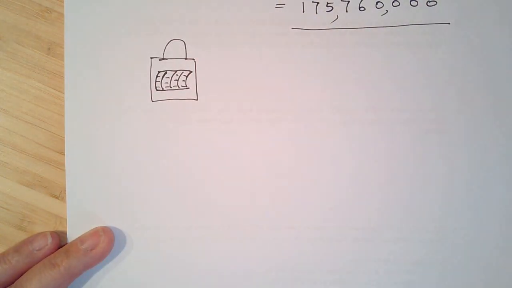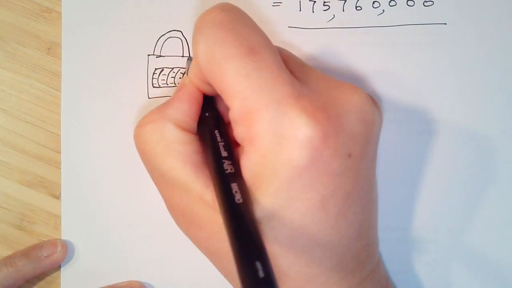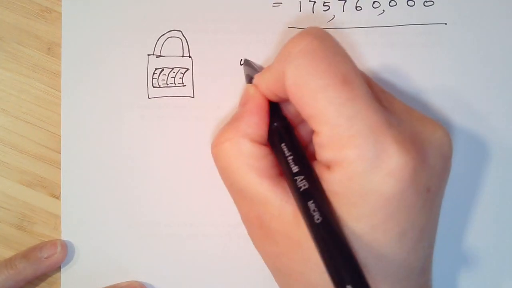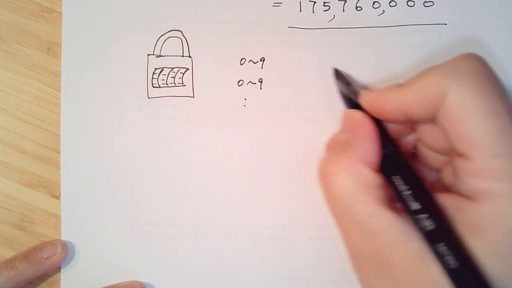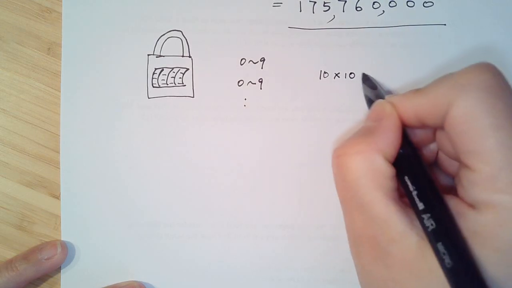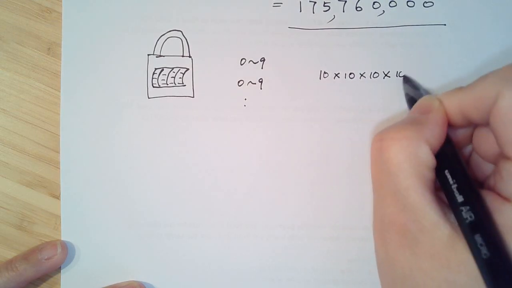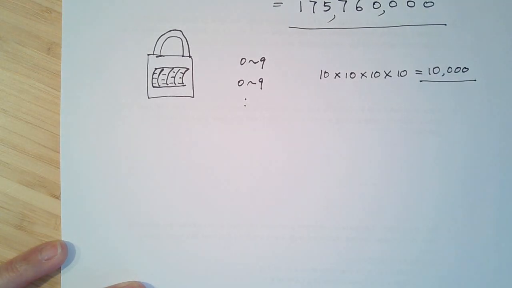How many possible outcomes are there? The first digit could be 0 to 9, and the second digit also 0 to 9, and so on. So how many possibilities? 10 times 10 times 10 times 10, which is 10,000 possible combinations.